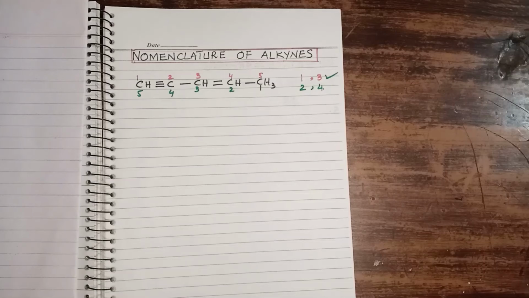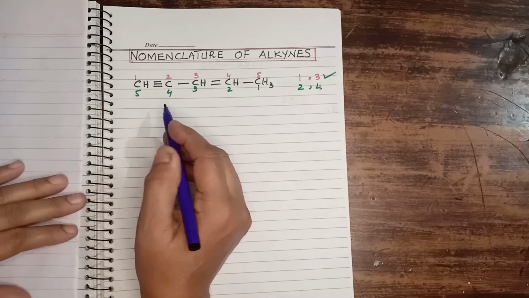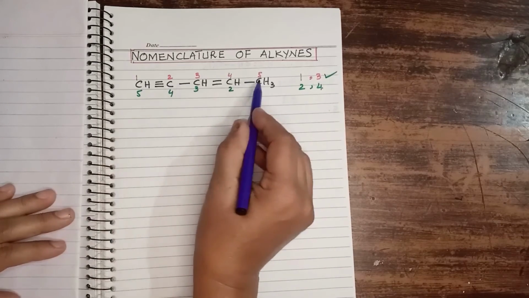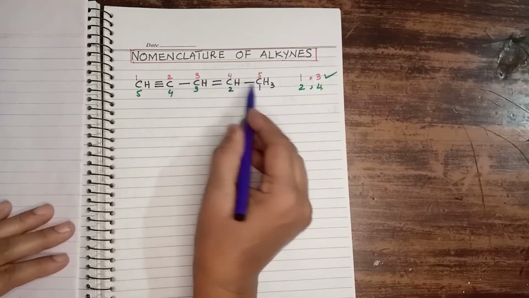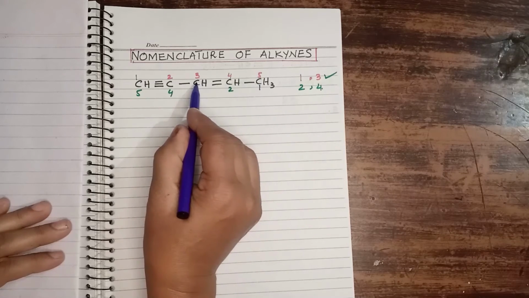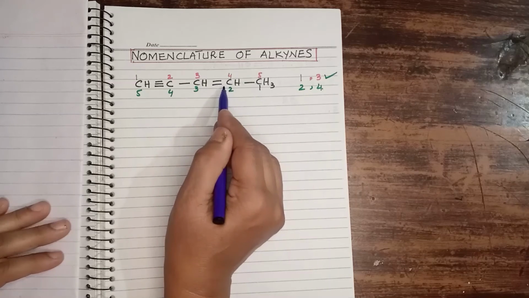Now assign the IUPAC name to this molecule. How many carbon atoms are there? There are 5 carbon atoms, right? So in the alk part we have 5 carbon atoms. And what is the position of the double bond? Yes, carbon number 3 forms a double bond with carbon number 4.